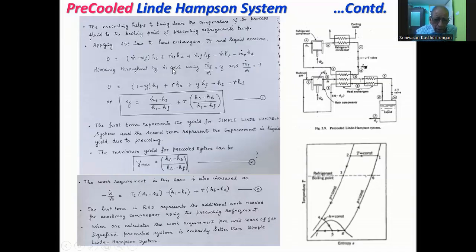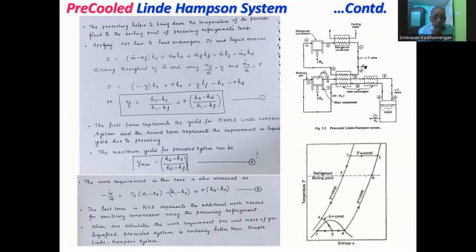Now we can divide throughout by M dot and use MF dot by M dot as yield Y and MR dot by M dot as R. Then you get an expression like this. If you simplify, you get the expression Y is equal to (H1 minus H2) divided by (H1 minus HF) plus R times (HA minus HD) divided by (H1 minus HF).